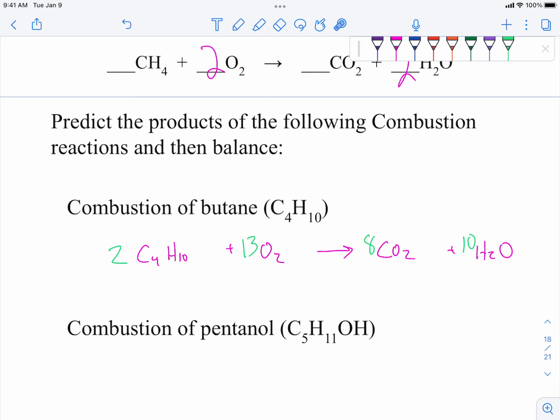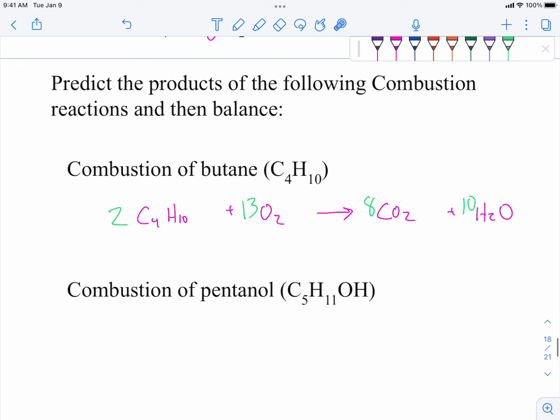Okay, and the reason why we had to escalate this here is because this came out originally to 6.5, but you can't leave a decimal value in your balanced equation. Let's try the next one. Alcohols are tricky because there's an oxygen that kind of hides in there in the formula, so don't forget about that guy.